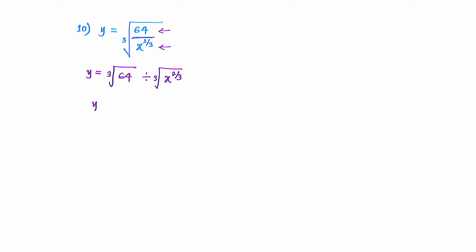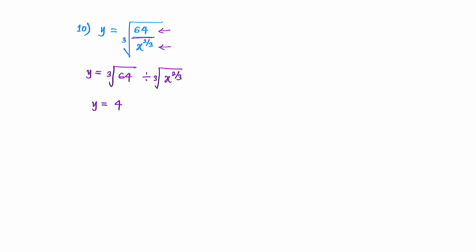So y equals cube root of 64. That simply means which number will be multiplied 3 times by itself that will give you 64? The answer is 4, because 4 times 4 is 16, and 16 times 4 is 64.